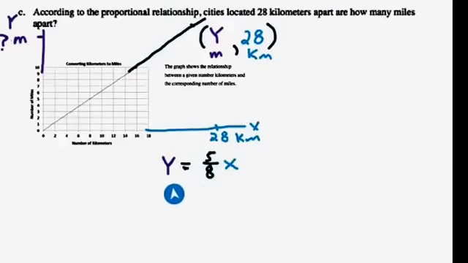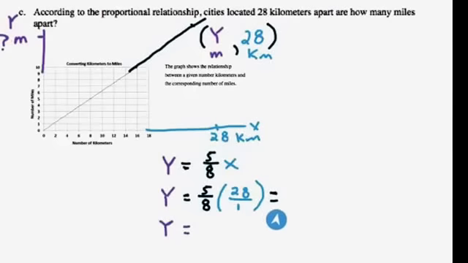So our equation, y equals 5/8 times x, is what allows us to find data that we can't see on a graph or in a table. So graphs and tables have limits, but an equation is unlimited. Given a value of x, we can find the corresponding value of y.